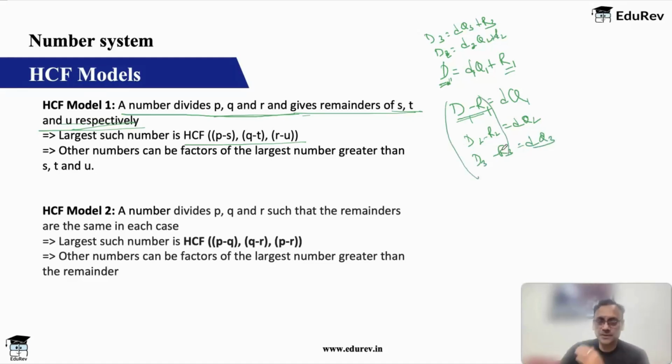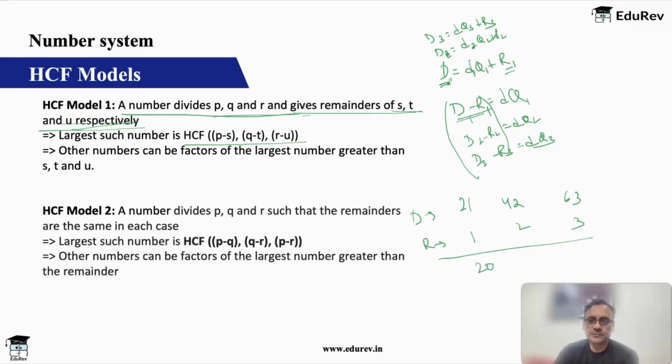As simple as that. For example, let's take an example. I have 21, 42 and 63. These are my dividends and my remainders are 1, 2 and 3. I want to find the divisor. So we subtract the remainder from the dividend.